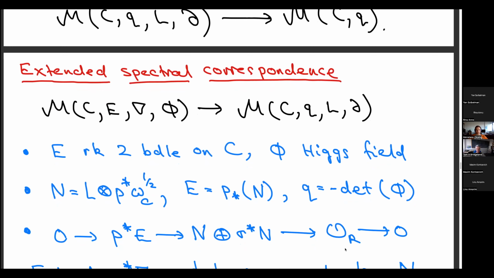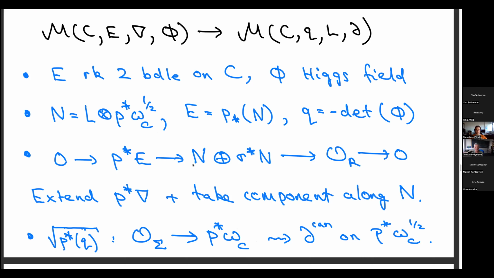I can use this map as a gauge transformation. There's a trivial connection here, so I'll get a connection here, and then I can take its square root and get some canonical connection on this line bundle, which has poles along the branch locus. The upshot is that if you construct the connection on N like this and then do this, you get a nice holomorphic connection on L.